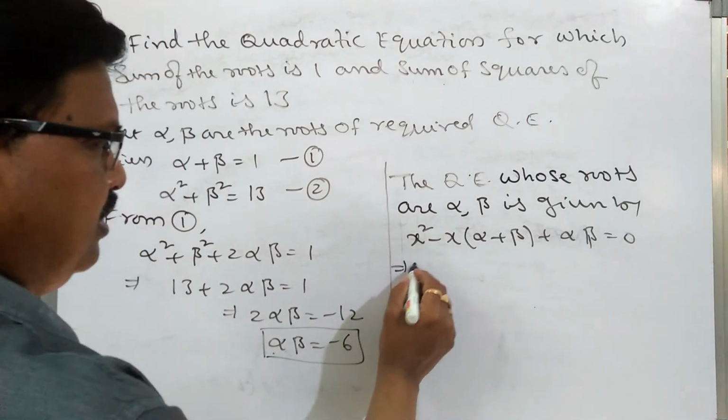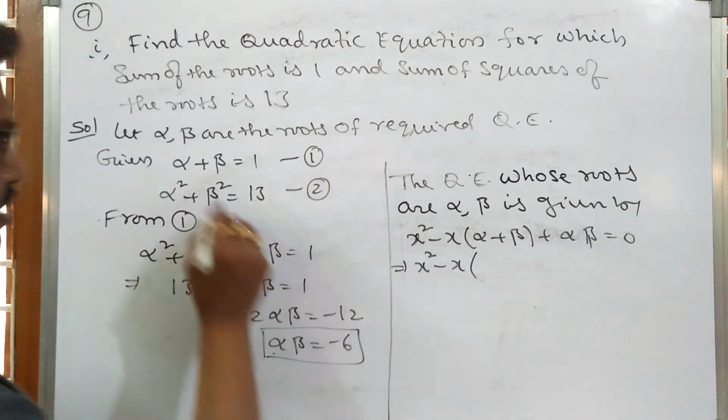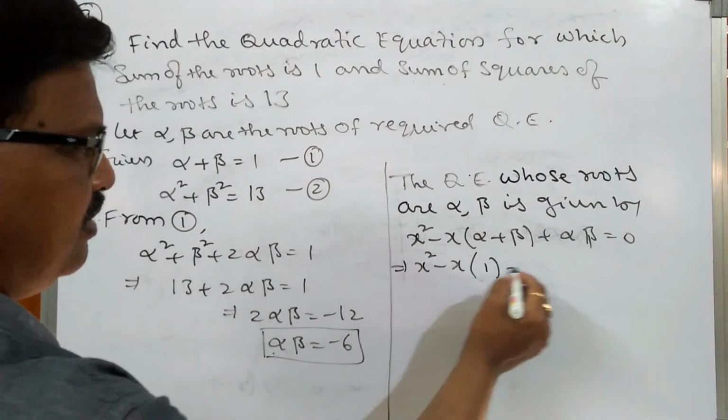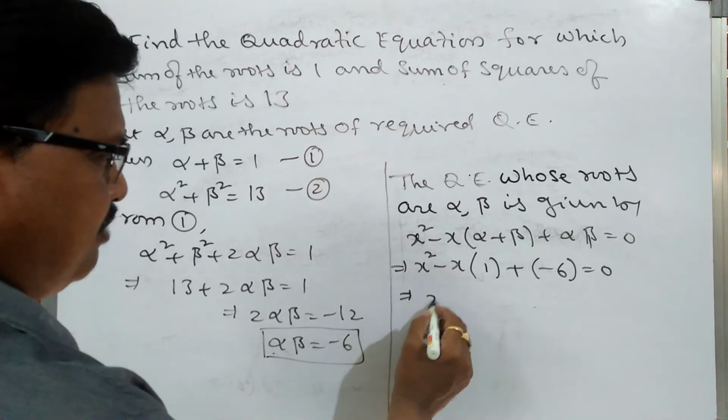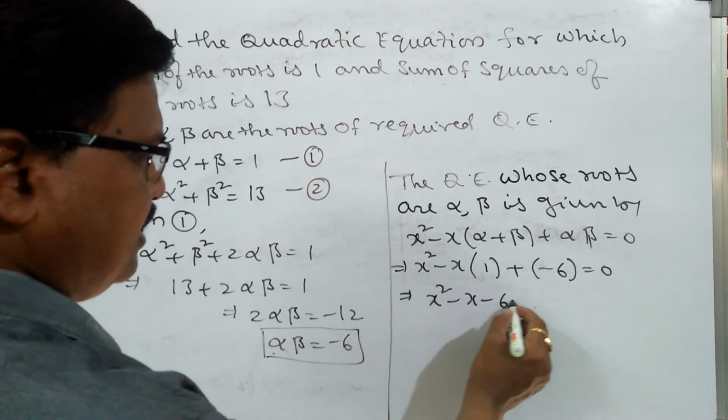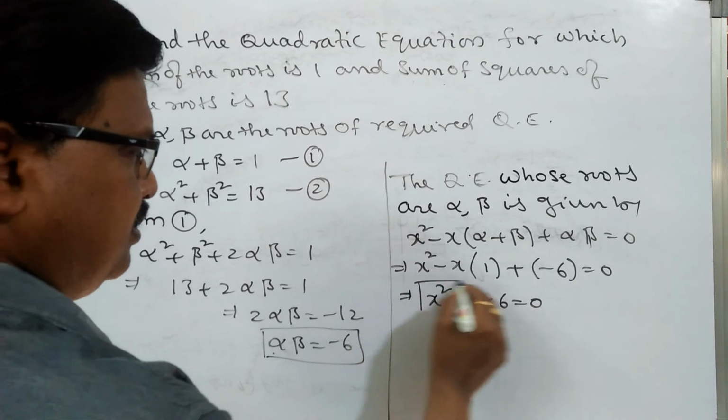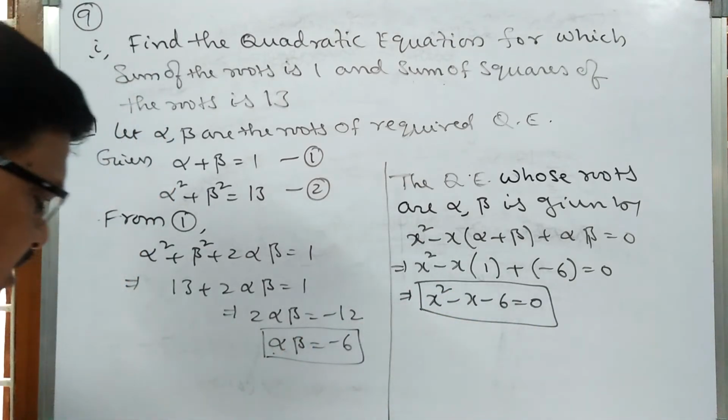Use this formula. The sum of the roots alpha plus beta is 1, and alpha beta is minus 6. What equation do you get? X square minus x minus 6 is equal to 0. This is the required quadratic equation.